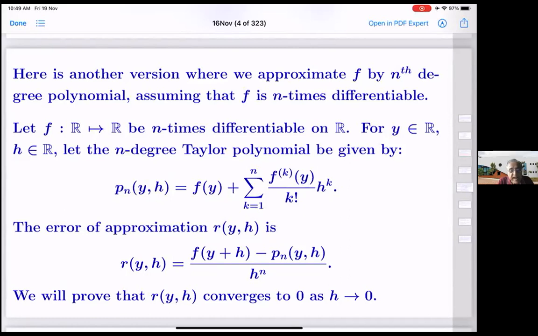If n is 1 and f dash is 0, then this will be f itself. In this part, the approximation is this by h to the power n, which goes to 0, which says that the remainder term is a lower order term.